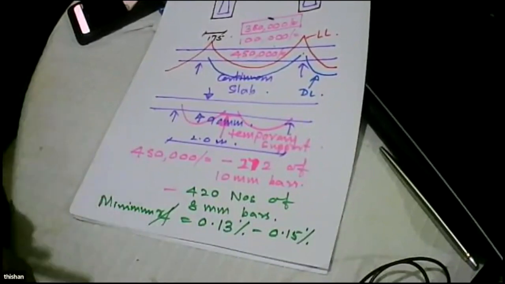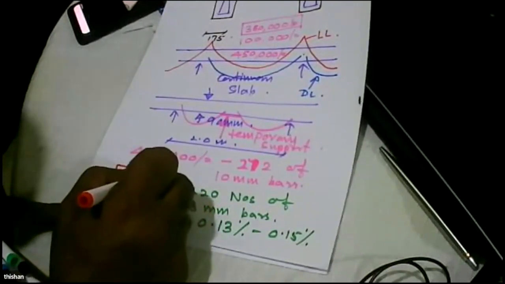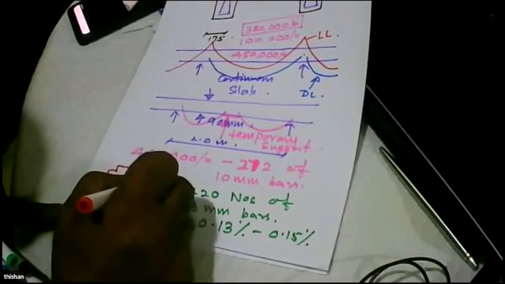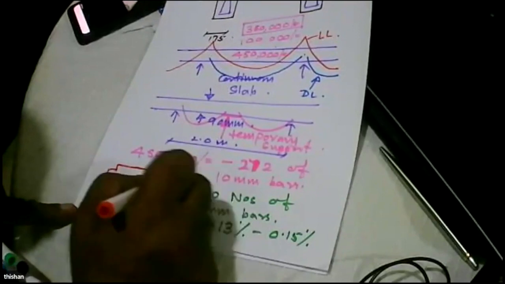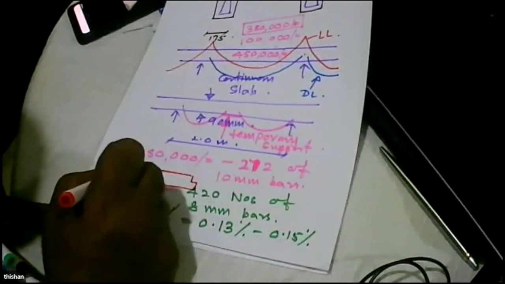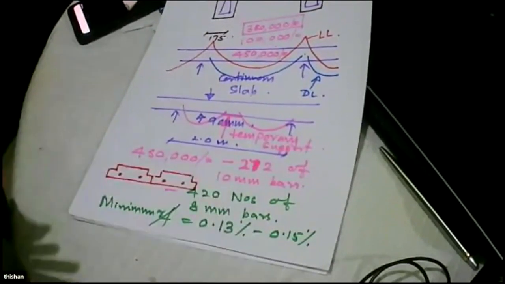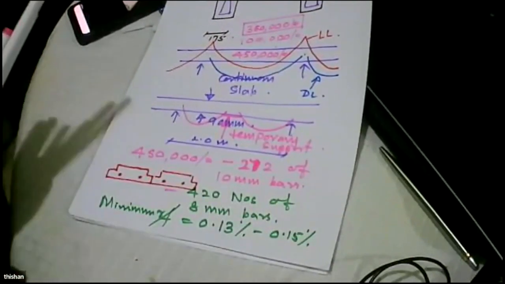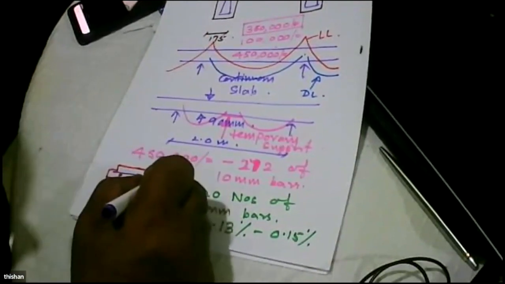Because we cast the slab like this. We place the other slab like this. We place two reinforcement like that. Then we place an additional reinforcement.